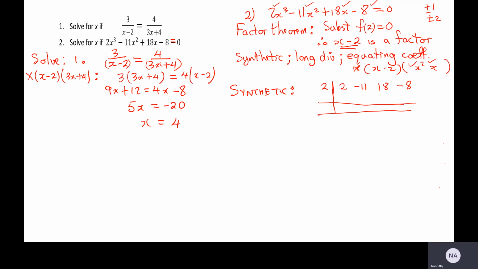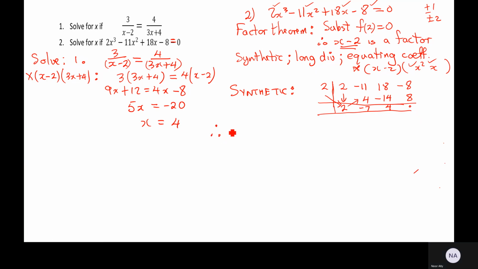What is your first step? Bring down the 2. 2 plus 0, 2, multiply, put it under the next. 2 times 2 is 4, minus 7, minus 14, that's 4, and 0, voila. There you go.